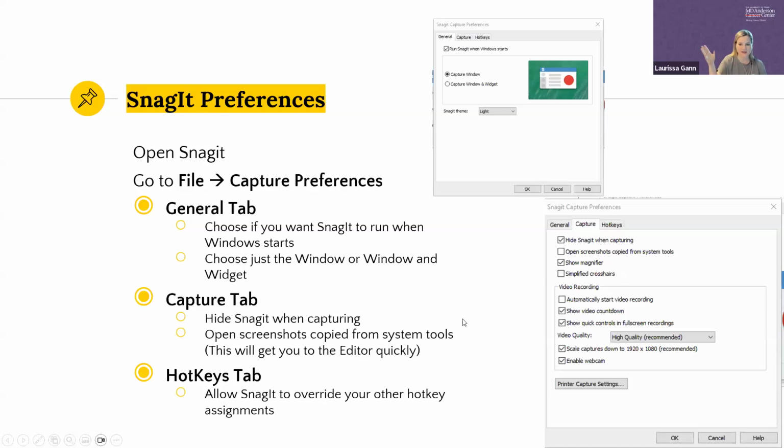Once I capture, I want my editor to open so I can go ahead and edit my screenshot and move on with my day. So if the editor's not opening automatically, you can make that change here. And again, they have a lot more hotkeys in here that you can change to override other hotkey assignments when you have Snagit open. So if you love hotkeys, shortcuts, you can change those yourself in the hotkeys section.